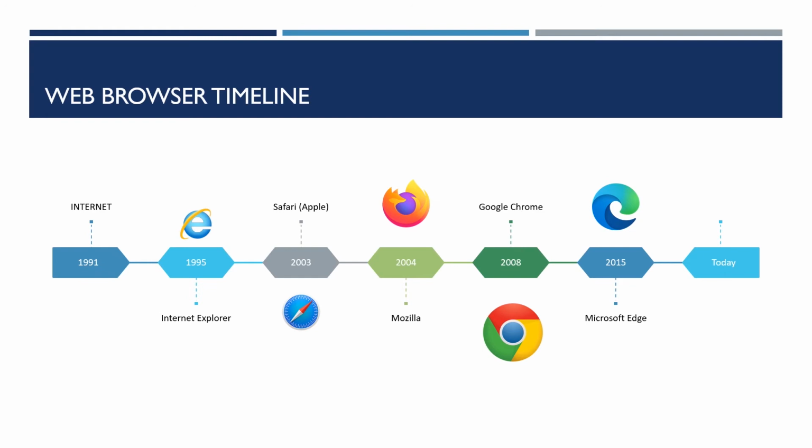And finally, some years ago, Internet Explorer was replaced by a different web browser, in this case Microsoft Edge. Actually we can use Safari, Mozilla, Google Chrome, Edge and some other web browsers to consult information on the internet.